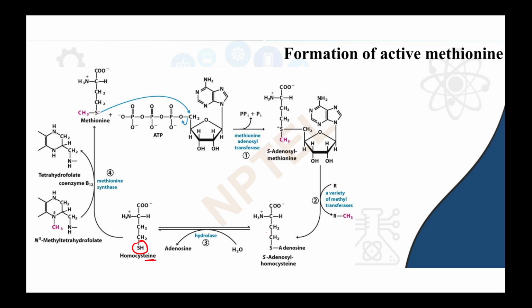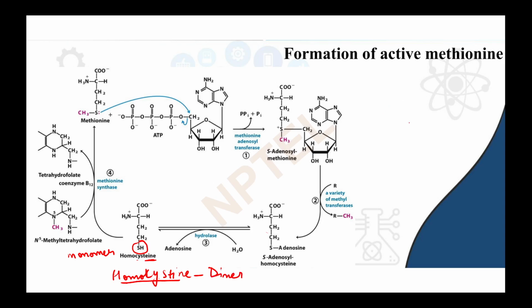This is the monomeric form of homocysteine. But since this SH group is very reactive, they generally form a dimer, homocystine. The difference between this homocysteine and this homocystine is the dimeric form.